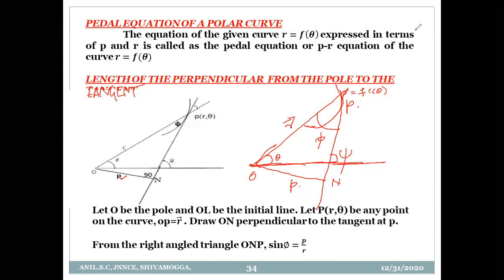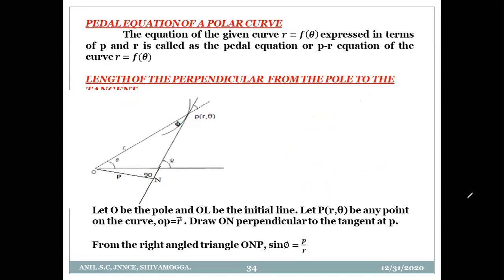This is the diagram. Let O be the pole and OL be the initial line. This is O and this is OL. Let P of R comma theta be any arbitrary point on the curve.